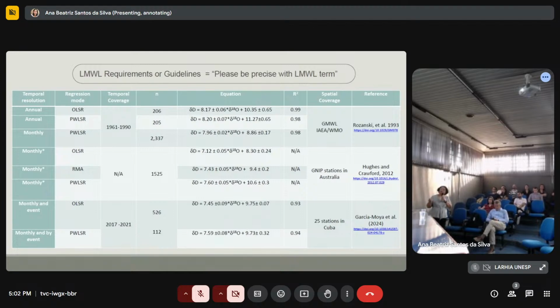So here in this table, you have a general assessment of how this local meteoric water line should be expressed.